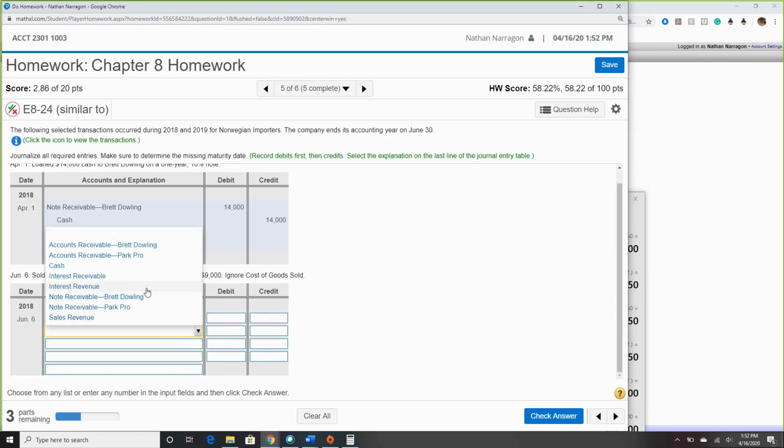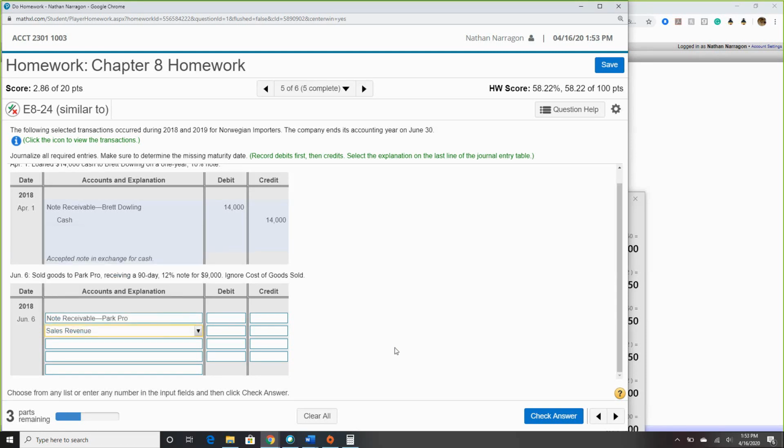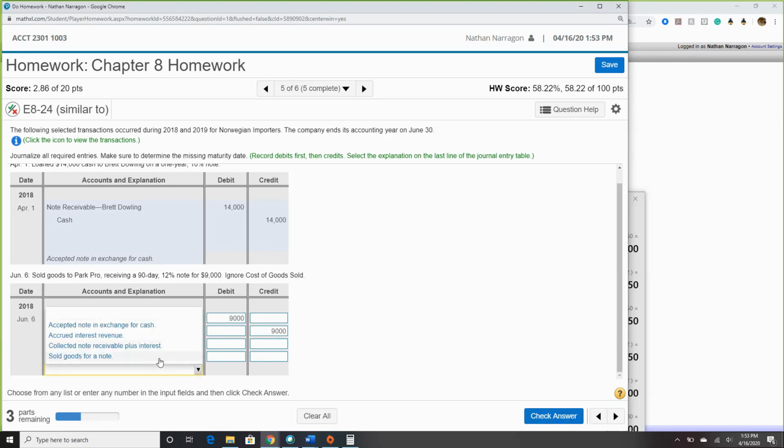This time we're going to credit the good old sales revenue. Because we sold goods. So instead of selling goods on account, we gave them a note with interest. And it's still going to be the principal. And the explanation, there we go. Sold goods for a note.